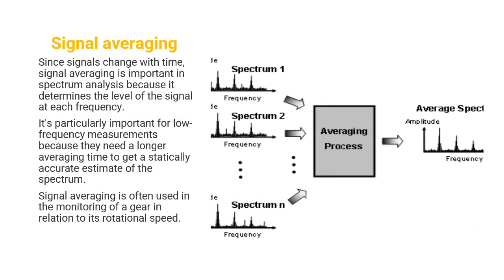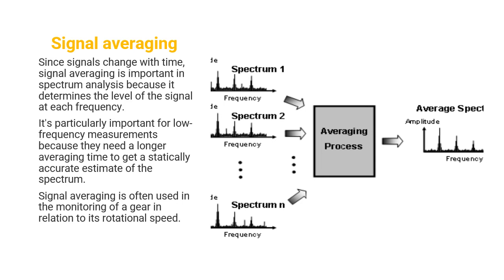Next is signal averaging. Signal averaging is another technique where we take the various measurements and then average them. This is particularly important if we go for low frequency measurement because they need a longer averaging time to get a statistically accurate spectrum.